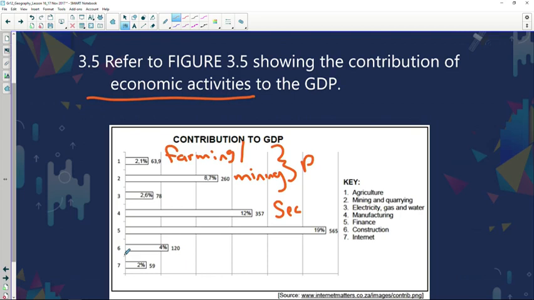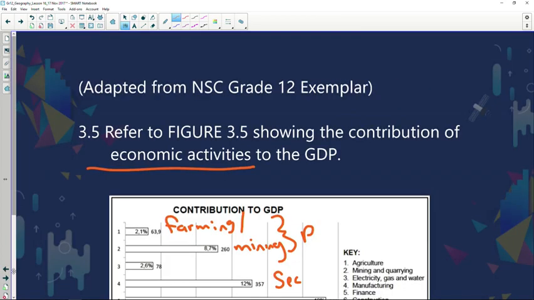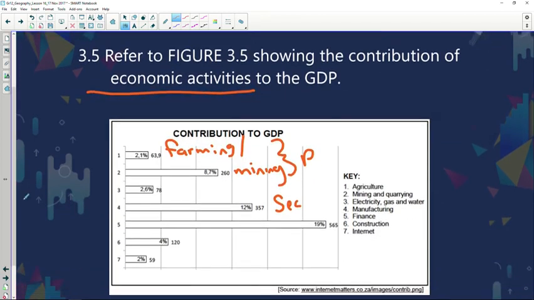And by the look of things, finance contributes most to the GDP. Now quickly look at the questions that follow. Which economic activity contributed the highest percentage to the GDP? If you look at the graph, number 5, situated over there, 19% is finance.